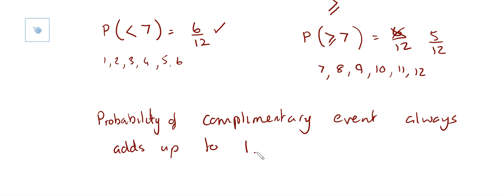Always. Why? Because it's 12 out of 12, or it's 52 out of 52, or it's 8 out of 8, or it's 6 out of 6. Alright? Got it? It always adds up to 1 as a fraction, right? Or 100%. Because if you consider all possible outcomes, the probability that one of them will happen is 100%.